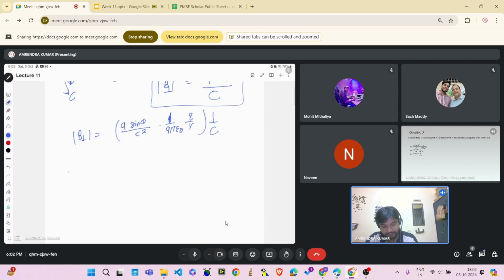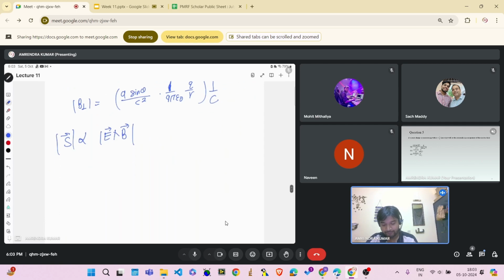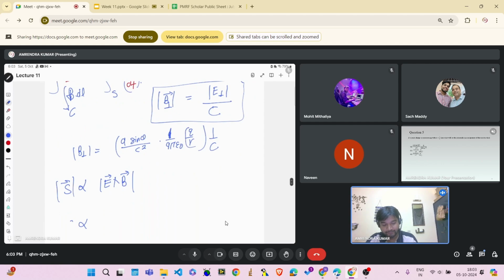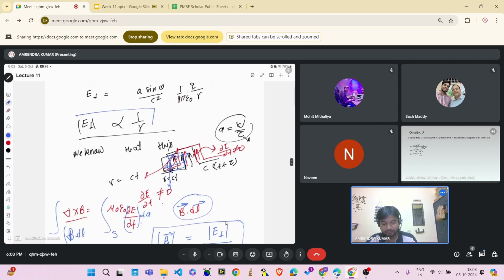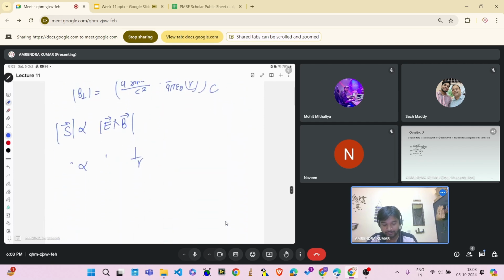Now if we think about this Poynting vector that the question was there, so E times B, the magnitude of this Poynting vector, how it depends on R: you can see this magnetic field is also proportional to 1 by R, and the electric field is also proportional to 1 by R. So 1 by R multiplied, the proportionality is R square.